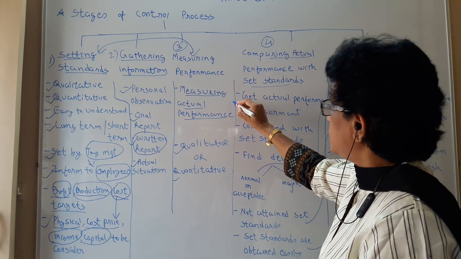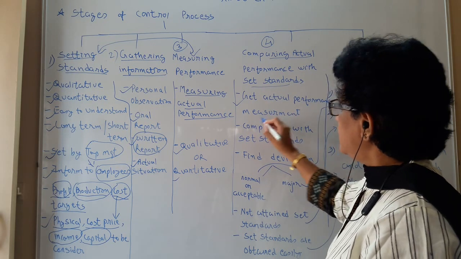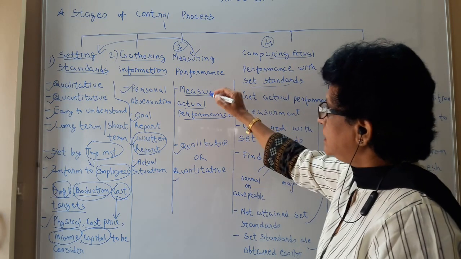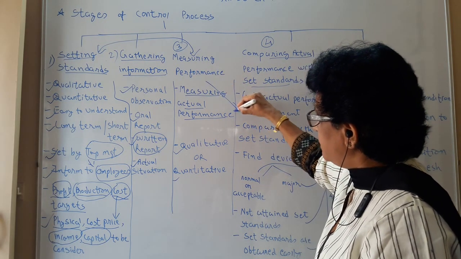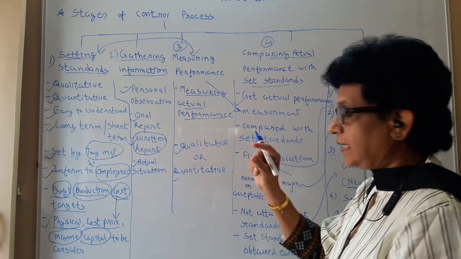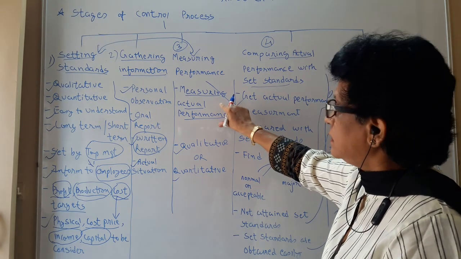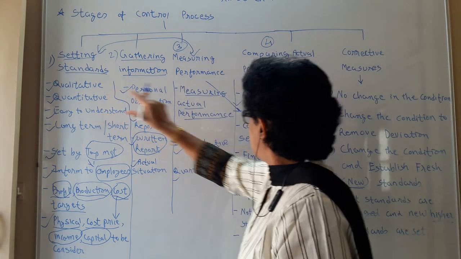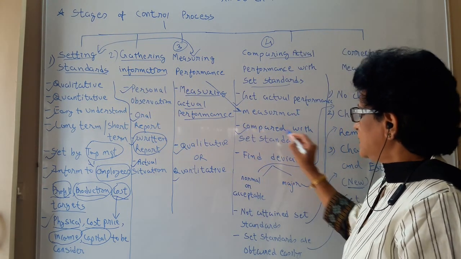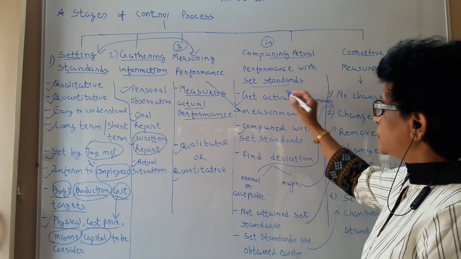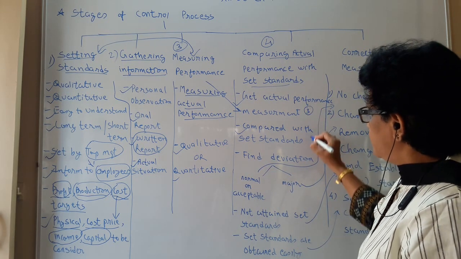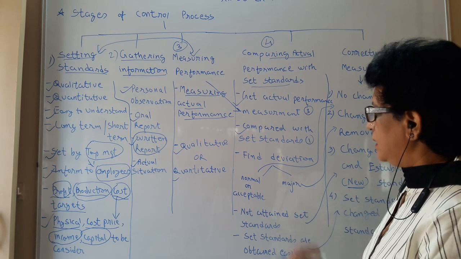Here what you have to do is get the actual performance measurement first. Get the measurement from number 3 and compare it with the set standard. So this is your point number 3, this is your point number 1.